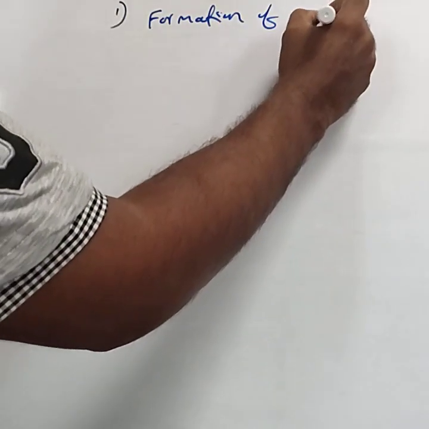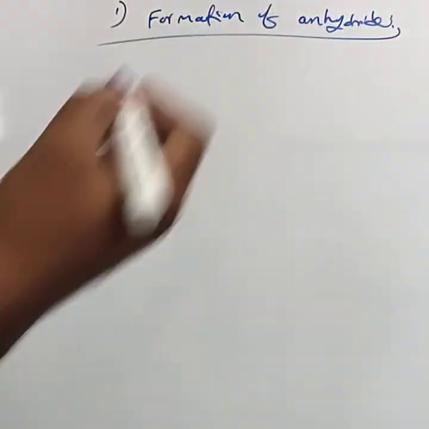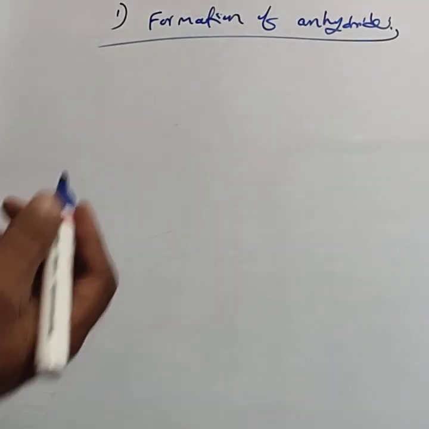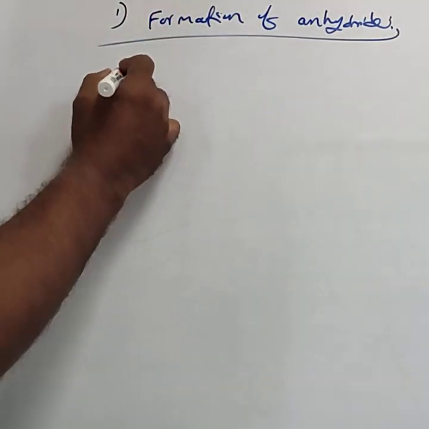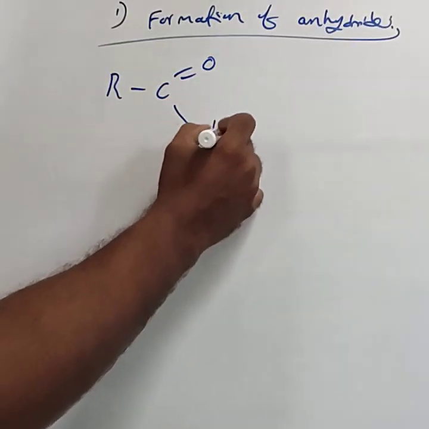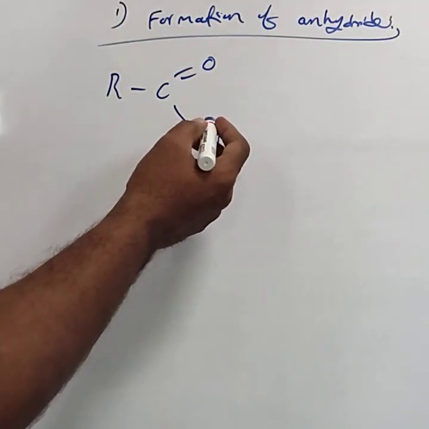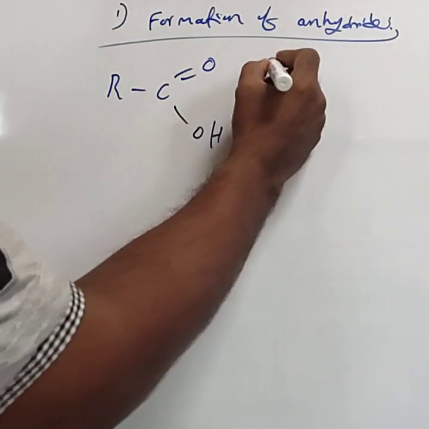Formation of anhydride. This is very important for competitive exams. For this one, we have to consider 2 moles of the carboxylic acid, COOH.